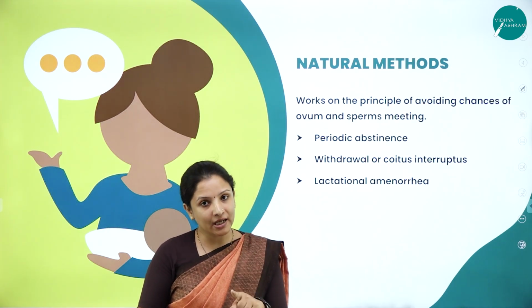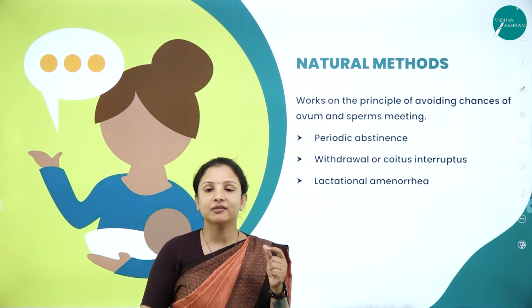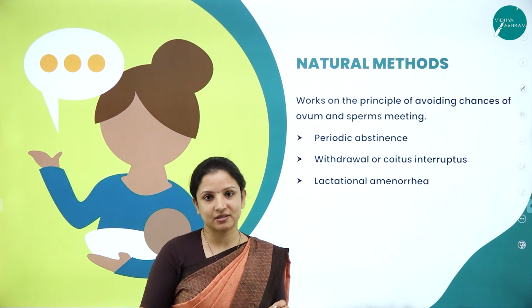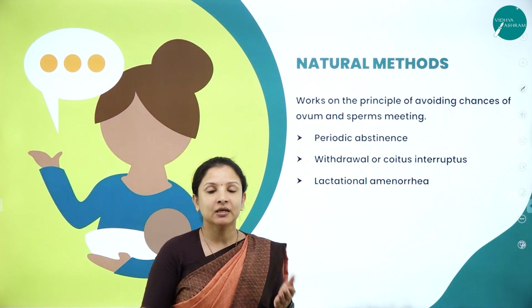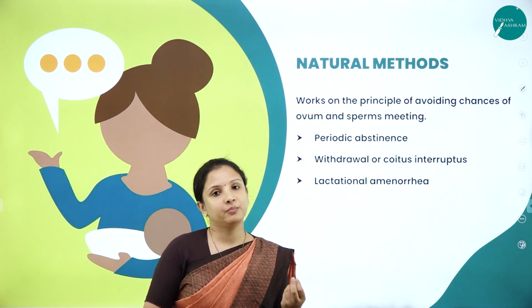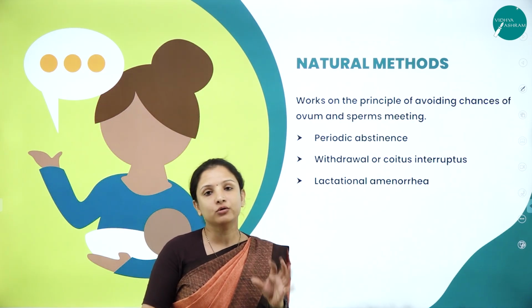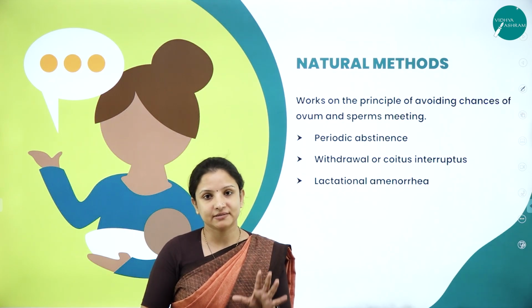And it is on the 14th day of the menstrual cycle that ovulation happens, and if copulation occurs during that time, only then will the female be able to get pregnant, because the ovum or the egg is released only on the 14th day of the menstrual cycle.